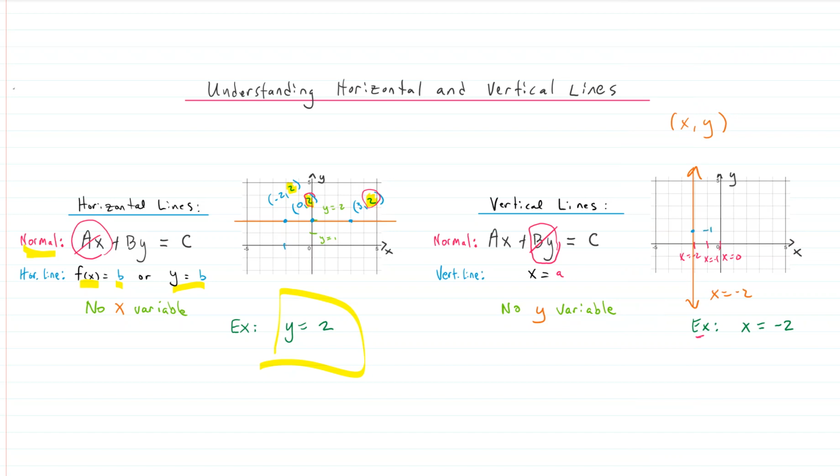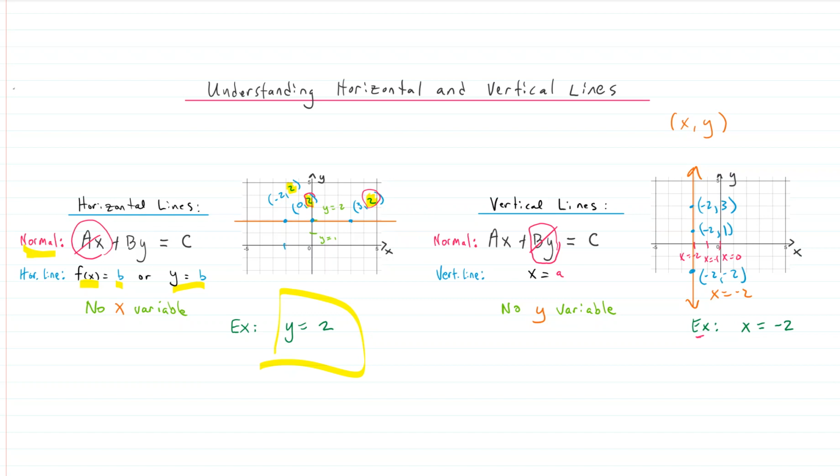It's negative 2, 1. If we looked up here, this point up here would be negative 2, 3. If we look down here, this point down here would be negative 2, negative 2.